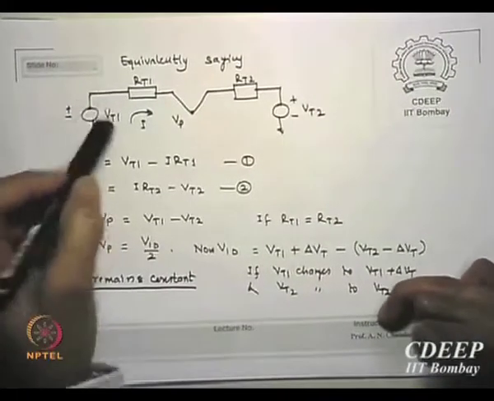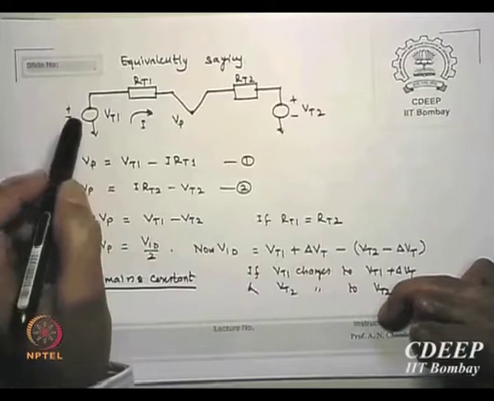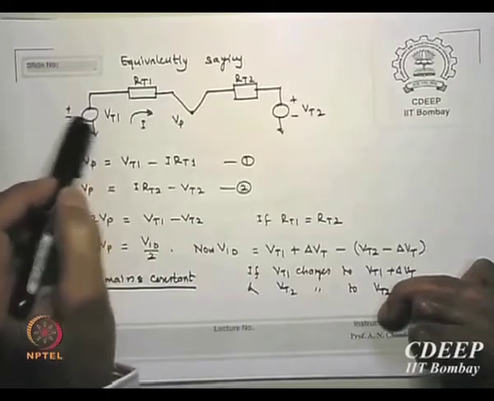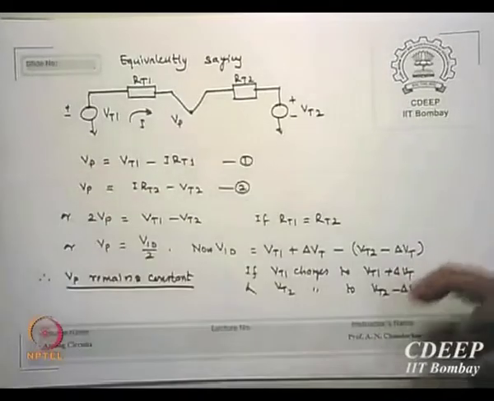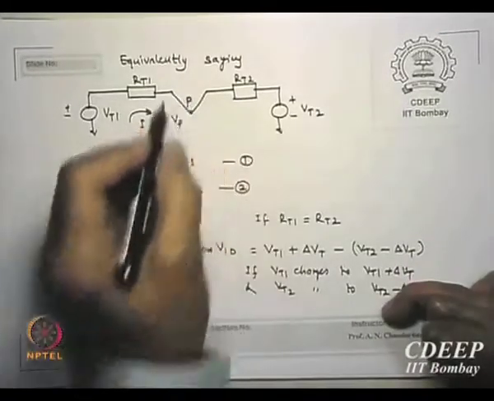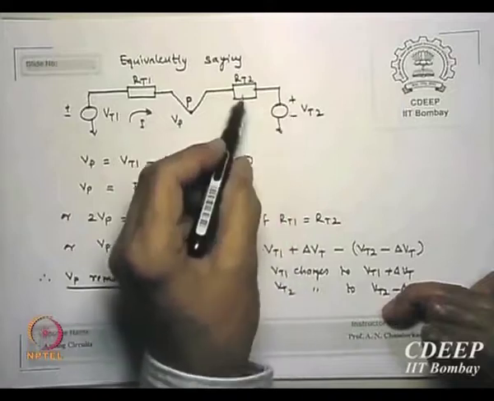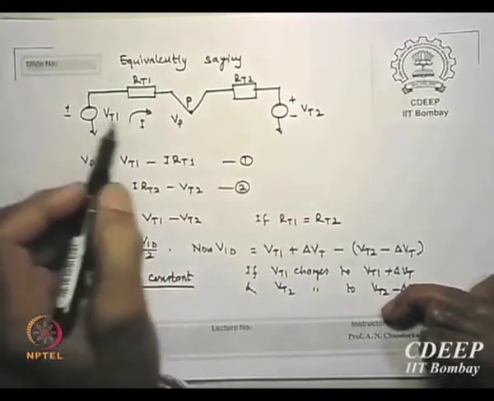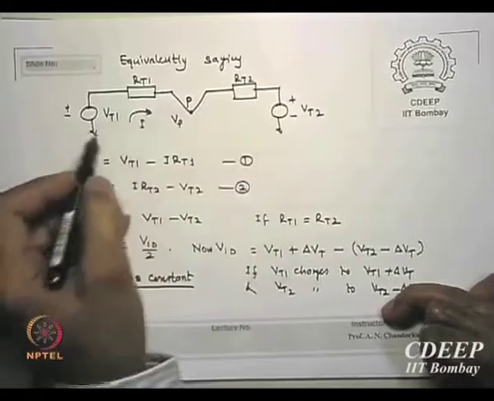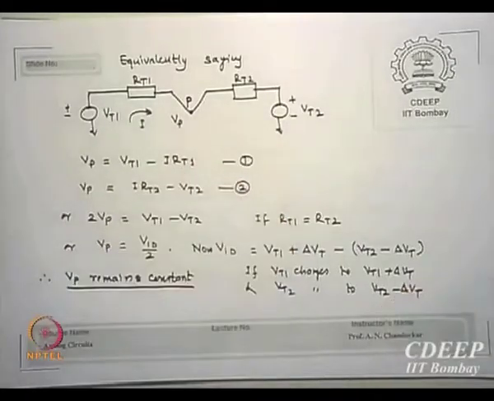Equivalently, if the Thevenin equivalent of the M1 side is Vt1 with resistance Rt1, this is node P which has a potential Vp, and this is Vt2, Rt2 for the M2 side, and let us say I is the current flowing from this side to this side.